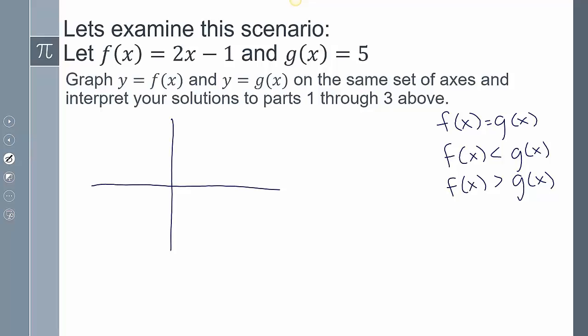my first one we said is 2x minus 1. And g of x equals 5. So there's my g of x equals 5. And then the 2x minus 1, it means it's going to start here, up 1 over 1, up 1 over 1, up 1 over 1.